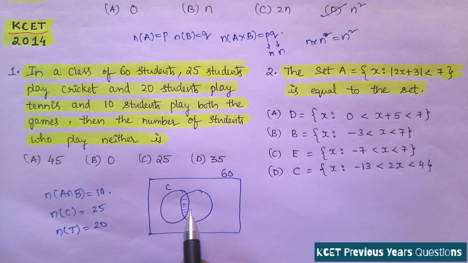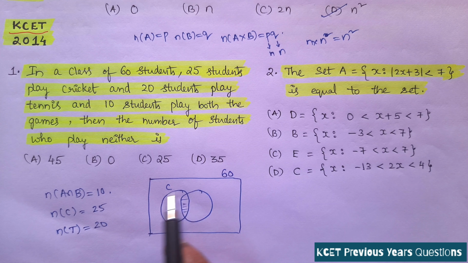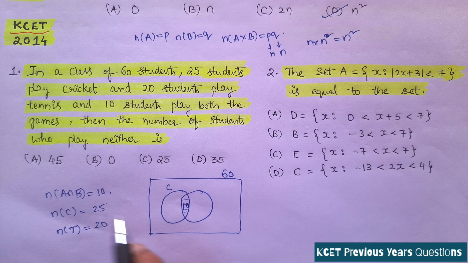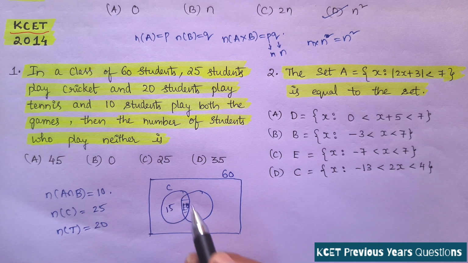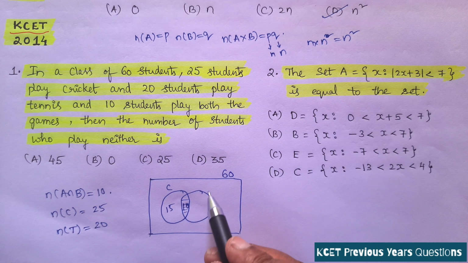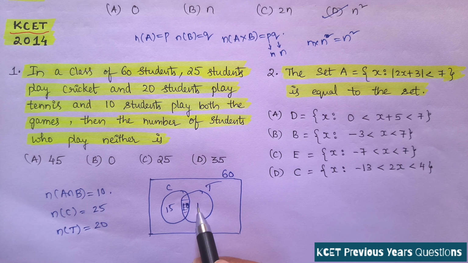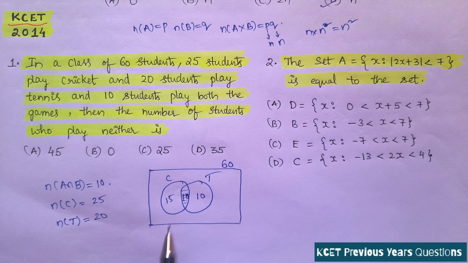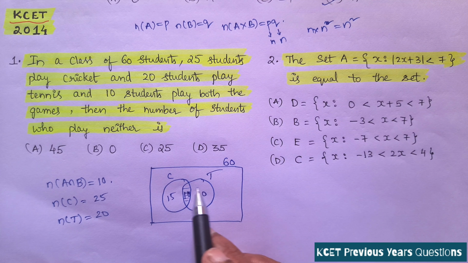So this is the intersection part 10, and n of C is 25, so from 25, 10 is the intersection, the remaining 15 play only cricket. For tennis they given 20, and from 20 if we remove 10 the intersection part, this is 10. But now they are asking the number of students who play neither, which means they won't play cricket and they won't play tennis also.